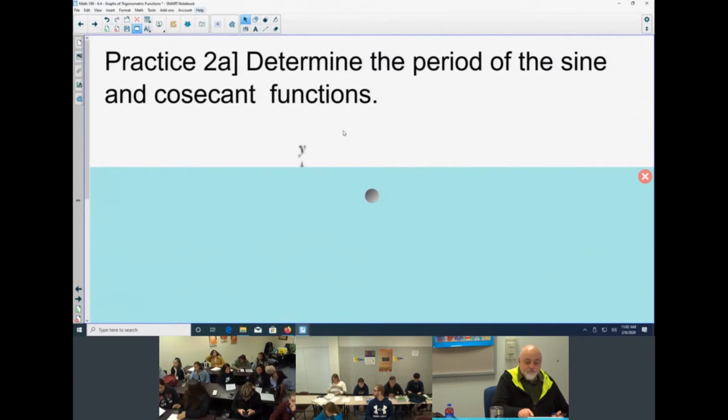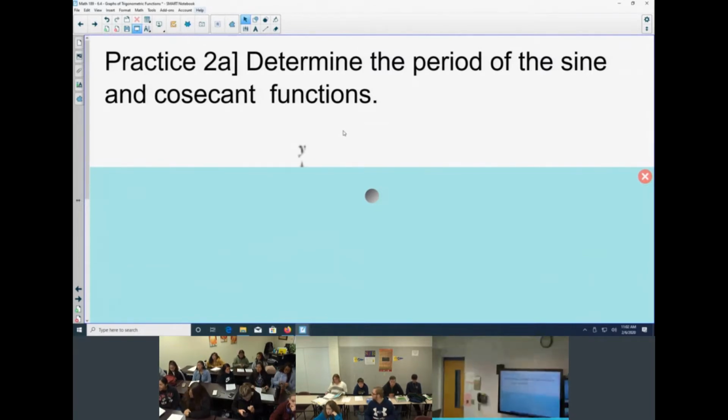This is kind of where we ended up, practice 2A, and I'd asked you to determine the period of the sine and the cosecant functions and maybe look at their graphs.